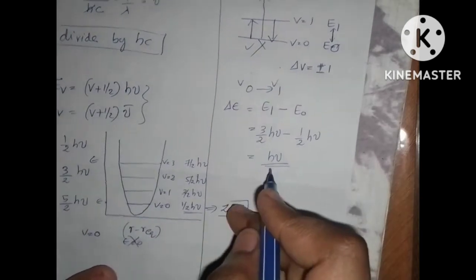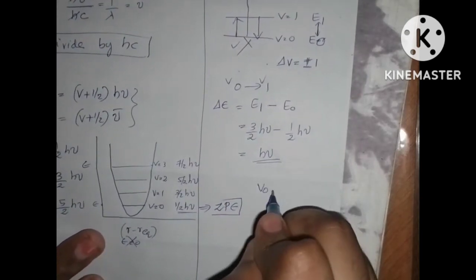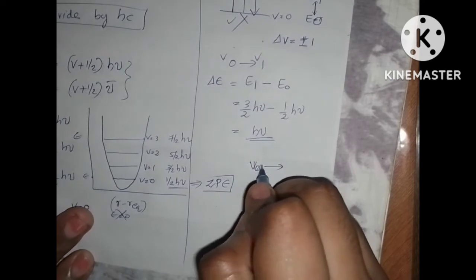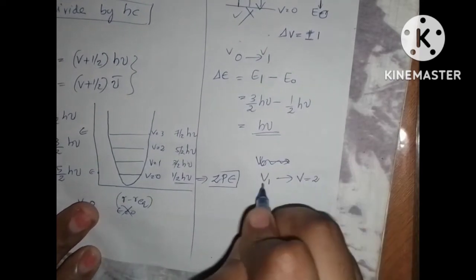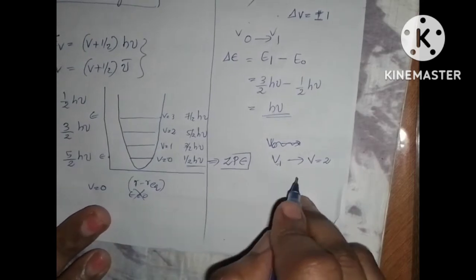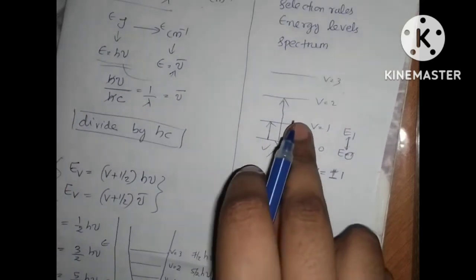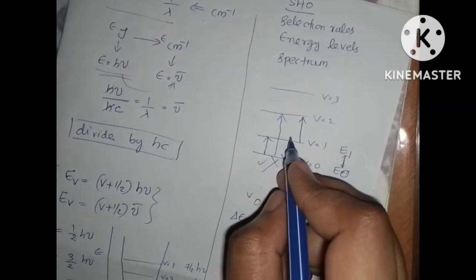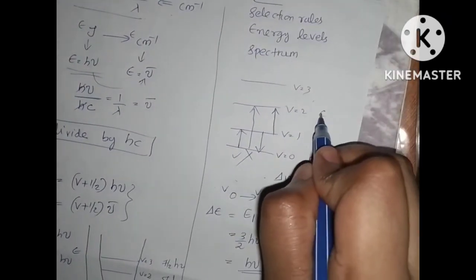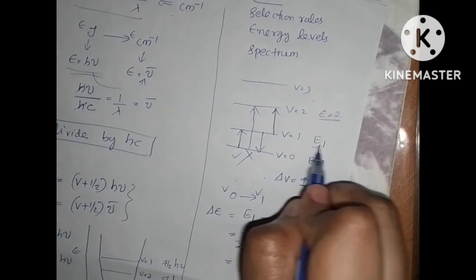Now take a transition from v equal to 1 to v equal to 2. How do we find the energy for this transition? The energy needed will be found from the energy of the v equal to 2 level and the energy of the v equal to 1 level.